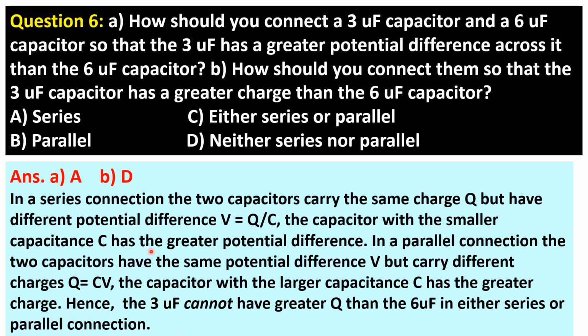That's why our answer for letter B is option letter D, neither series nor parallel, because it is always the capacitor with the greater capacitance that will carry the greater amount of charge Q.